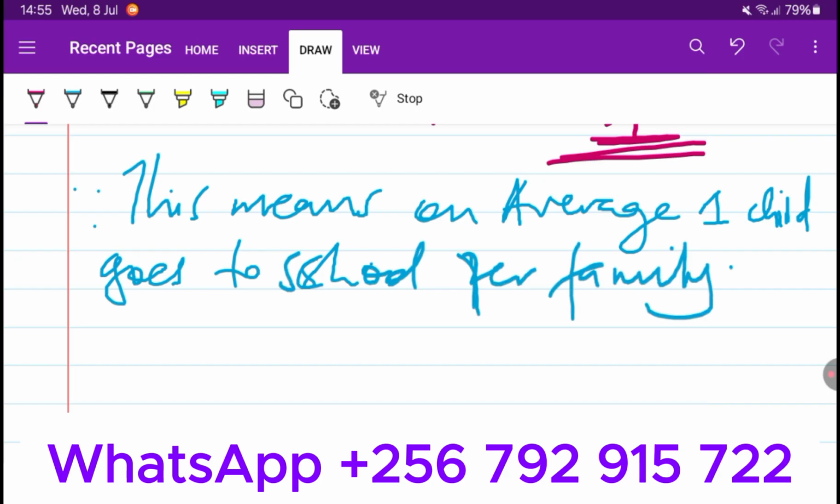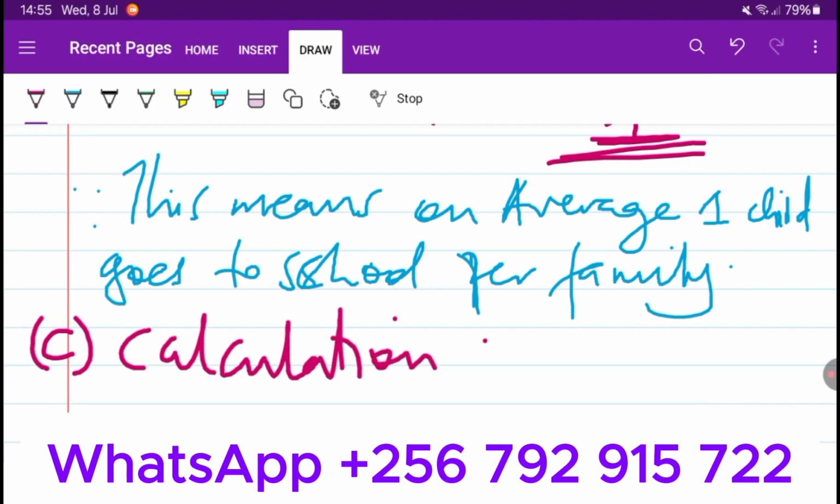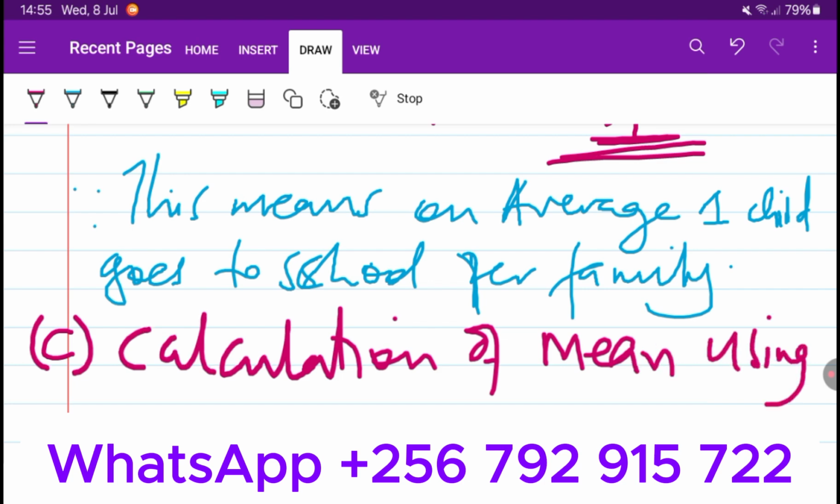So we want to look at a situation where they want us to calculate the mean. Maybe this is part C, calculation of mean using, sometimes they call it a working mean. Working mean or assumed mean.